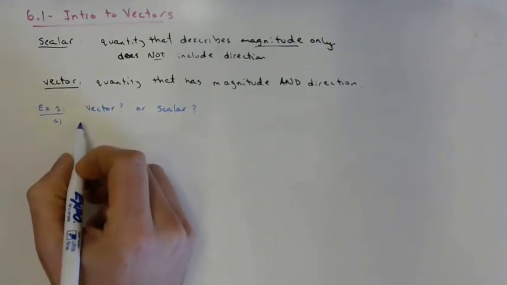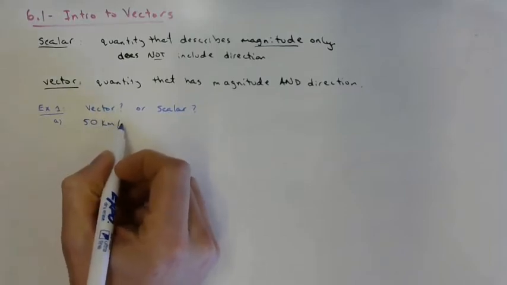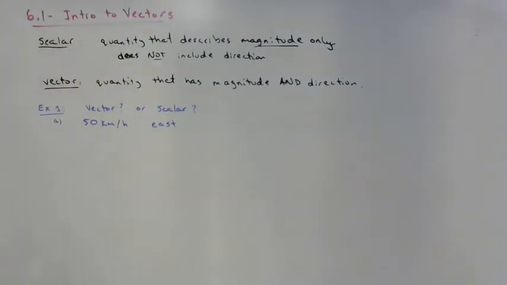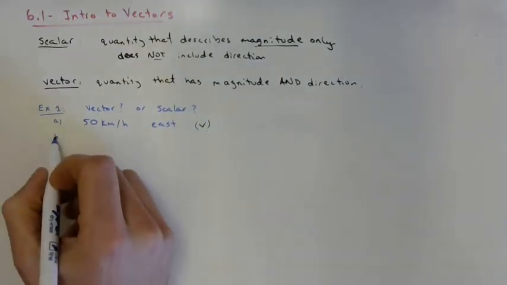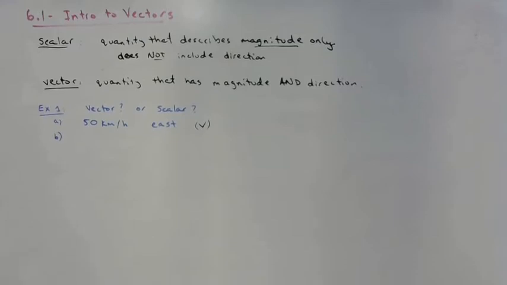Number A says a car traveling 50 kilometers per hour east. Vector or scalar? Vector. Why? Because it has the direction east. Yeah, it has magnitude and direction. Let's just do these orally. B, a child pulling a wagon with a force of 100 newtons at 30 degrees to the horizontal.